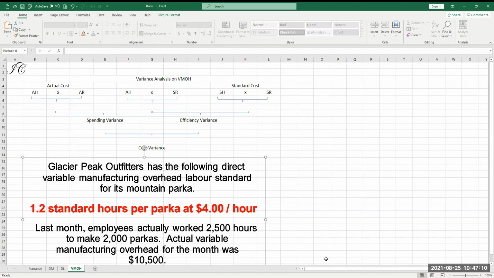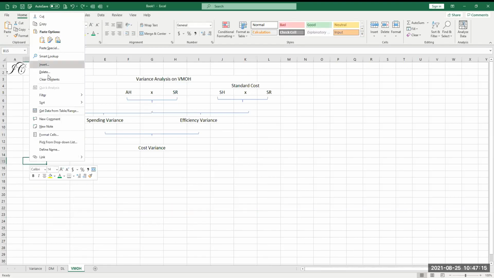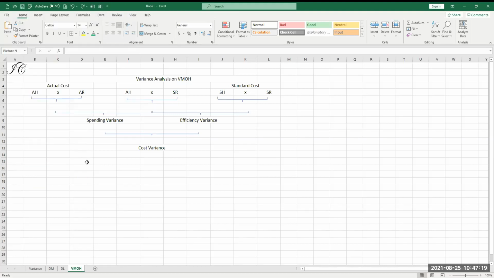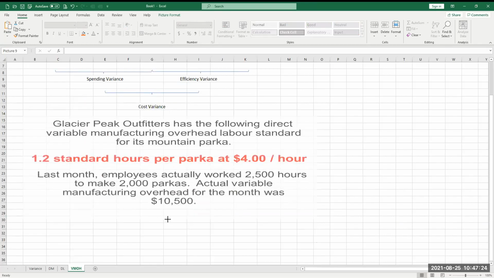Let's paste it as a picture again. No, I'm going to paste it as a JPEG. Can you guys see my screen?